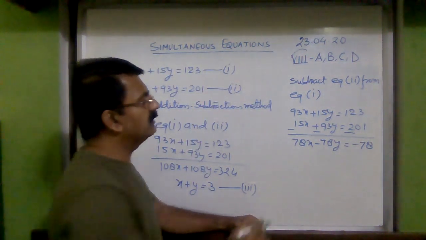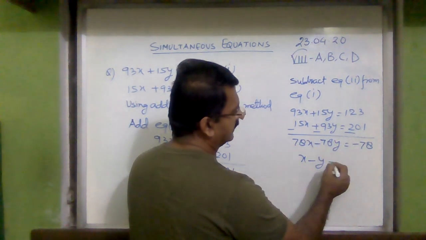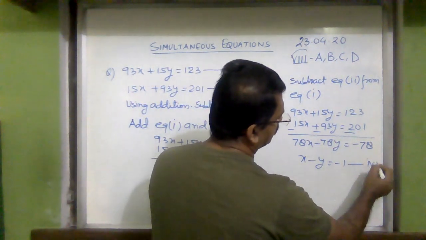Okay. Now you divide the whole equation by 78. Then you will have x minus y is equal to minus 1. That is equation number 4.